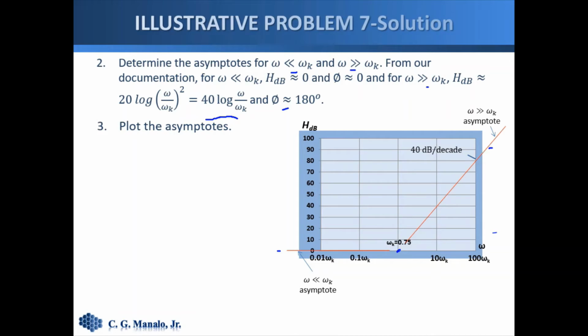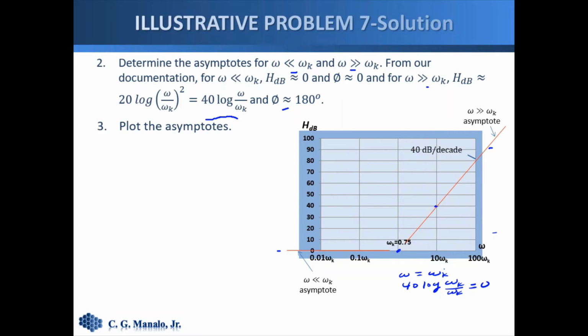It is 0 because at omega equals omega k, we have 40 log of omega k over omega k, so that makes a log 1, which is a 0. So 0 times 40 will give us 0. So we have a 0 there.